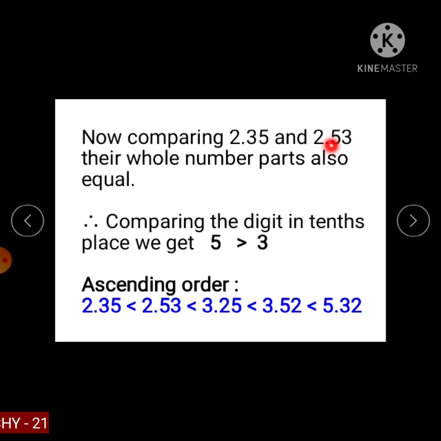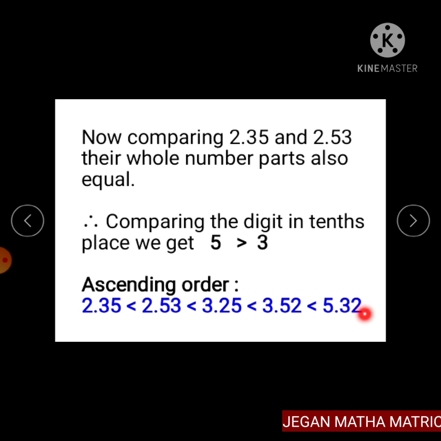So, 2.53 is greater than 2.35. So, the ascending order of the given numbers is 2.35 is less than 2.53, is less than 3.25, is less than 3.52, is less than 5.32.